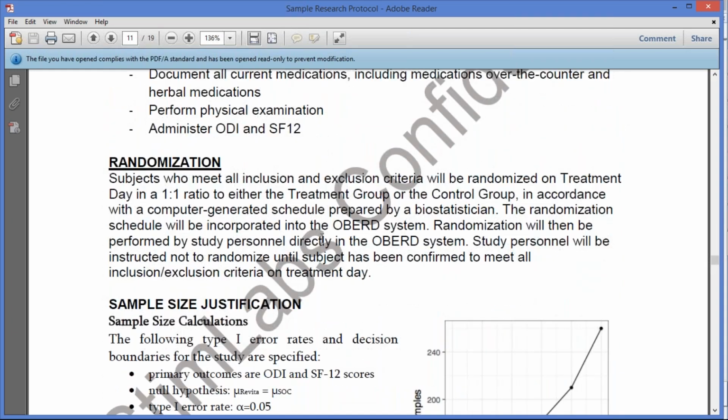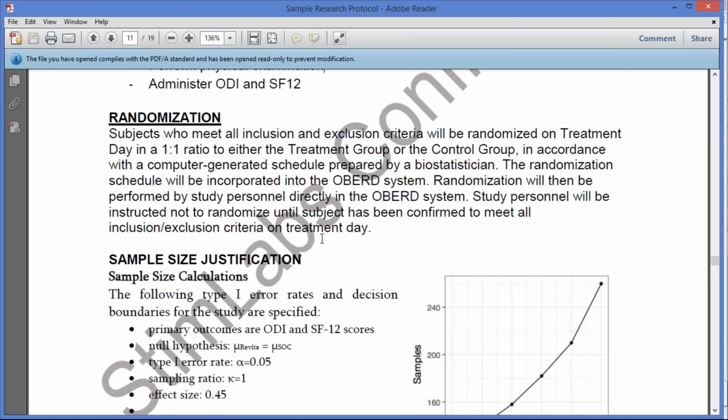Okay, randomization. Subjects who meet all inclusion-exclusion criteria will be randomized on treatment day in a 1:1 ratio to either the treatment group or control group. Generally, this randomization plan will be given by the biostatistician and implemented by the site person in the OBRD system.